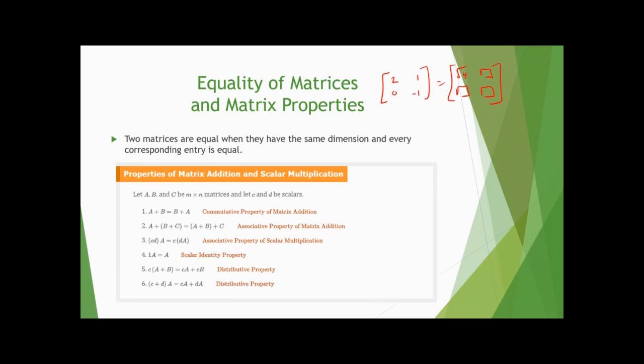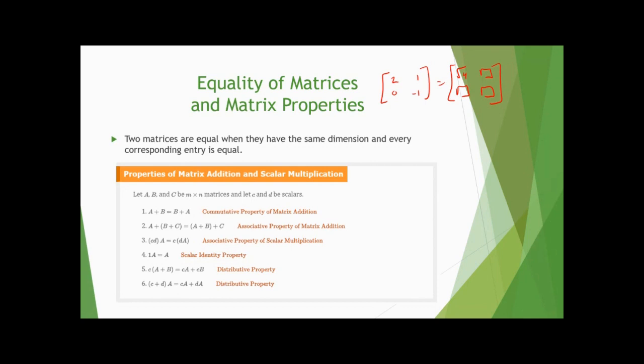So we do have some properties of matrix addition and scalar multiplication. I'm going to go into what doing the matrix addition and the multiplication, but the key thing is here that the properties of regular numbers, the commutative and associative property for addition, are true for matrices as well as real numbers.